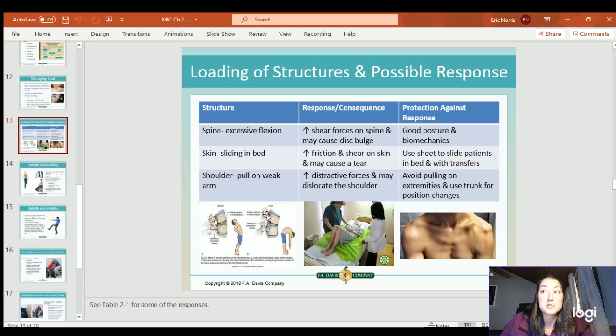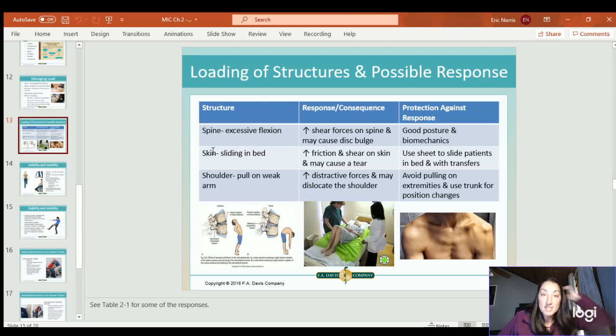A disc bulge is the soft disc in between the bones in your spine pushing out. It's supposed to sit evenly across the bones, and it's pushing out towards the back. The way we counteract that is by having good posture and good biomechanics.